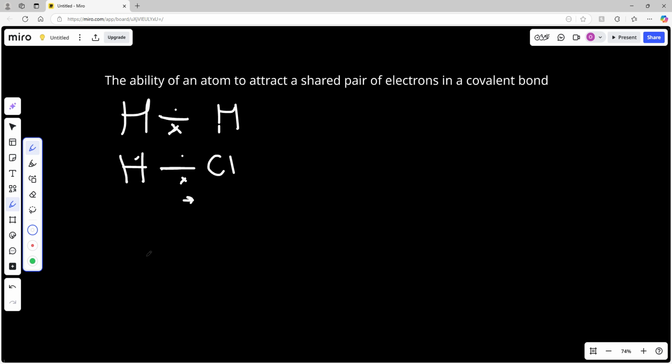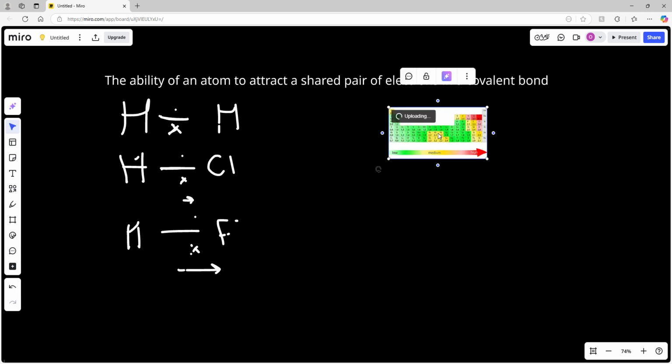Now if we compare that to hydrogen fluoride, the electronegativity of fluorine is even greater than hydrogen, as well as greater than chlorine, which basically means that the electrons will be even further to the right of the bond and much closer to fluorine.